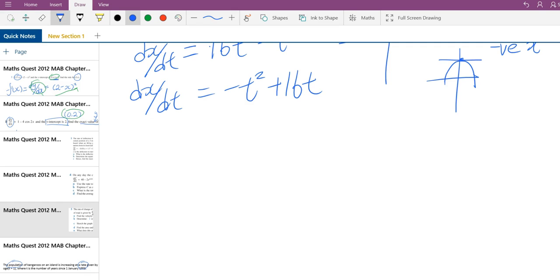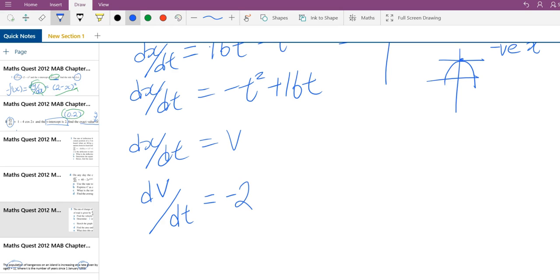So we have to further differentiate this function. Since dx/dt is a velocity function, if we differentiate it again, it will be the change of velocity with respect to the change of time. So it becomes -2t + 16.